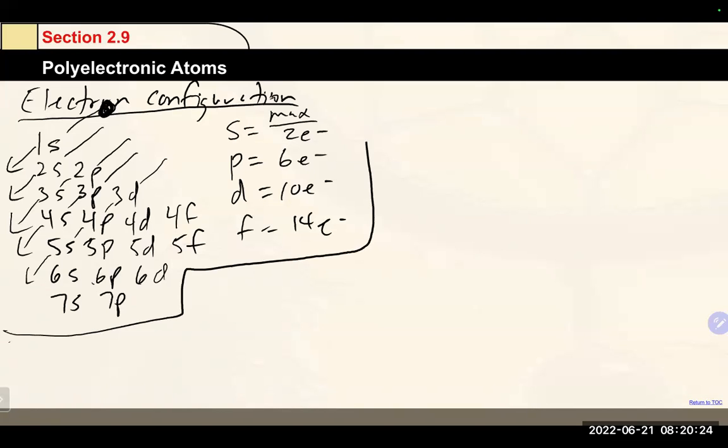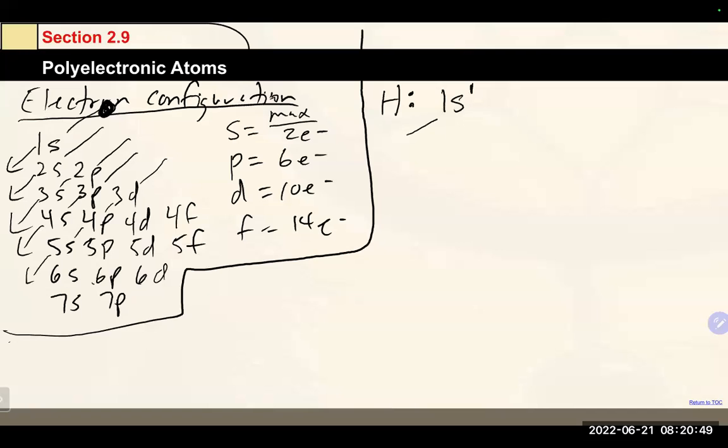So we will start with, why not start with hydrogen? Hydrogen is atomic number 1, which means it has 1 proton. If it is neutral, it would have 1 electron as well. So once again, we start at the very top, and the electron configuration would be 1s1 in this case.